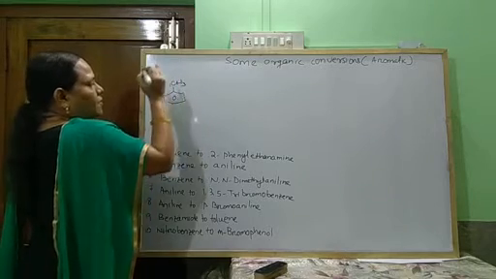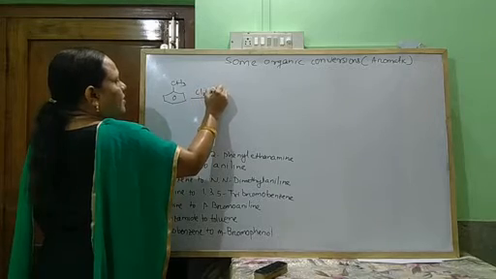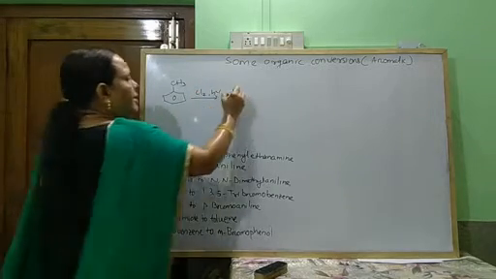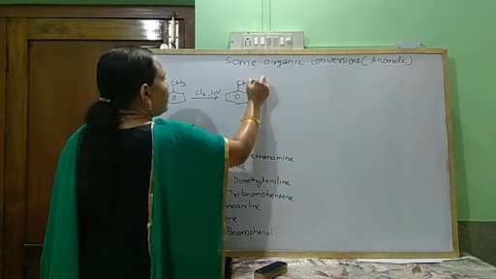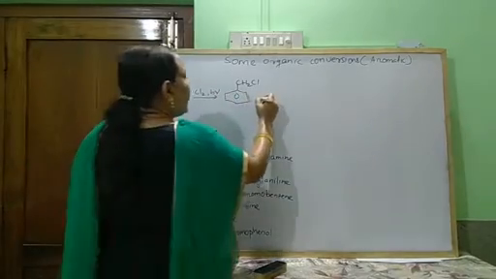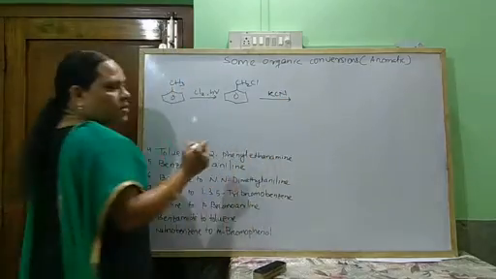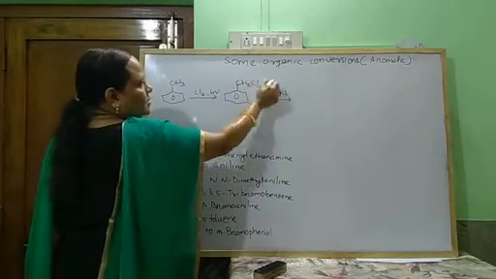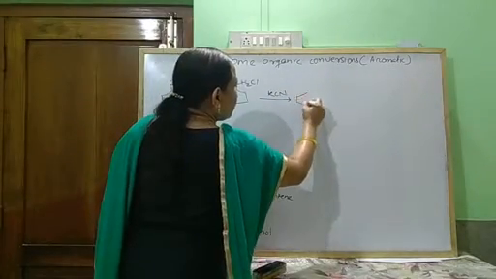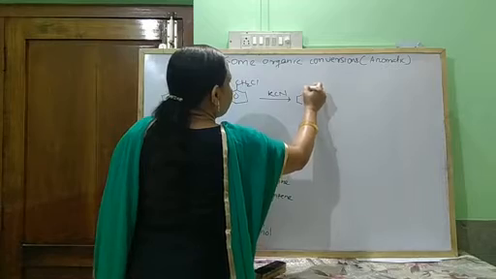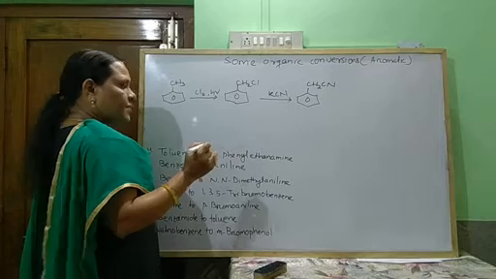This is toluene, and toluene when reacted with 1 mole of chlorine in presence of sunlight forms benzyl chloride. And benzyl chloride when treated with potassium cyanide or sodium cyanide, the Cl group is changed to cyanide. So in this way the number of carbon atoms increases. It forms C6H5CH2CN.